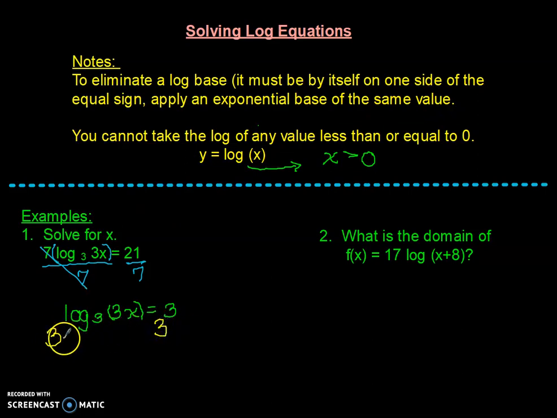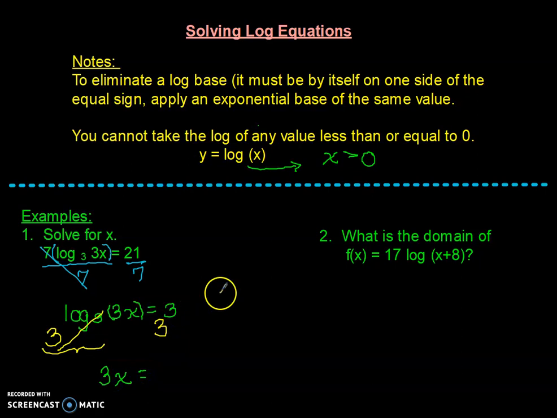Since this is an exponential base, everything in green has now become an exponent. Just like we did in exponential equations, when you have an exponential base and a log base of the same value, they get rid of each other. Without the exponential base, you no longer have an exponent here with 3x, so that just comes down as 3x.